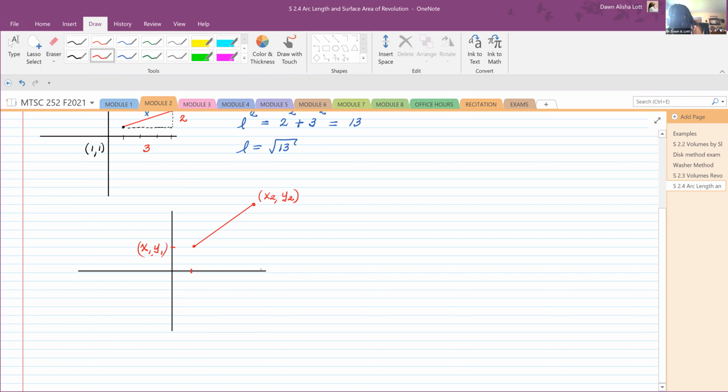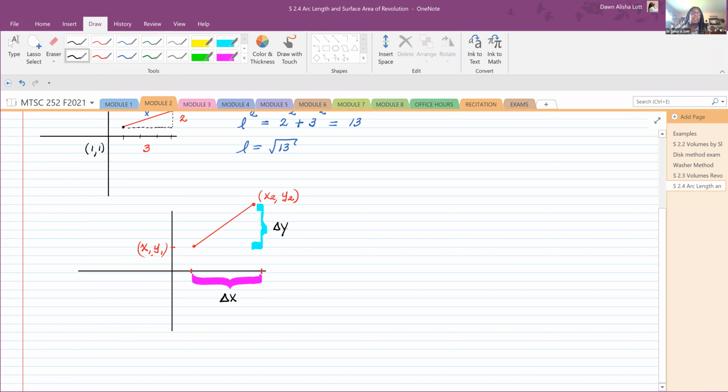The distance between these 2 x's is the change in x. It's really x2 minus x1, but that is the change in x. And the distance between here and here is the change in y.